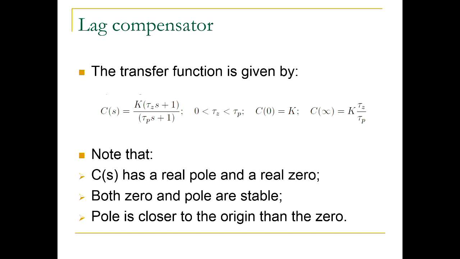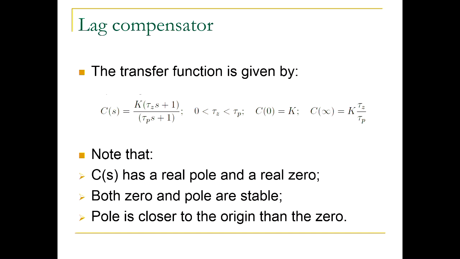Note that both pole and zero are real, because the pole is minus 1 over tau p, and the zero is minus 1 over tau z. Since tau p is larger, then 1 over tau p would be closer to the origin, right? So what are the parameters you can play with? They are tau z, tau p, and k.